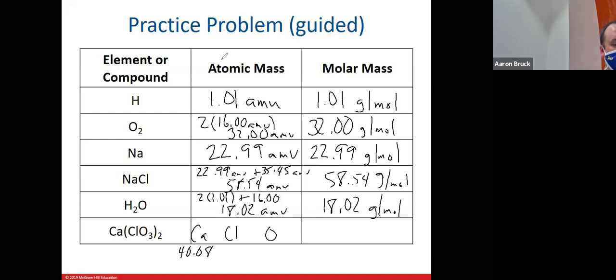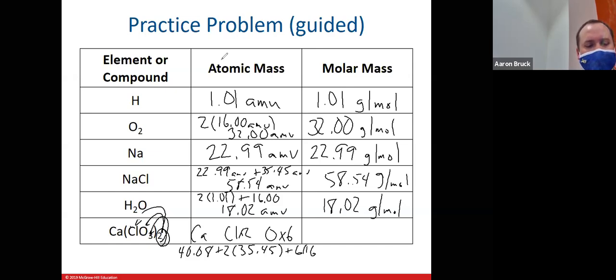We're going to have 2. Think about what that number outside of the parentheses means. It means that we need to double everything inside the parentheses. So for chlorine, I'm going to have 2 of those, so 2 times 35.45. How many oxygens am I going to have? 6. It's 2 times 3, 6 in total.